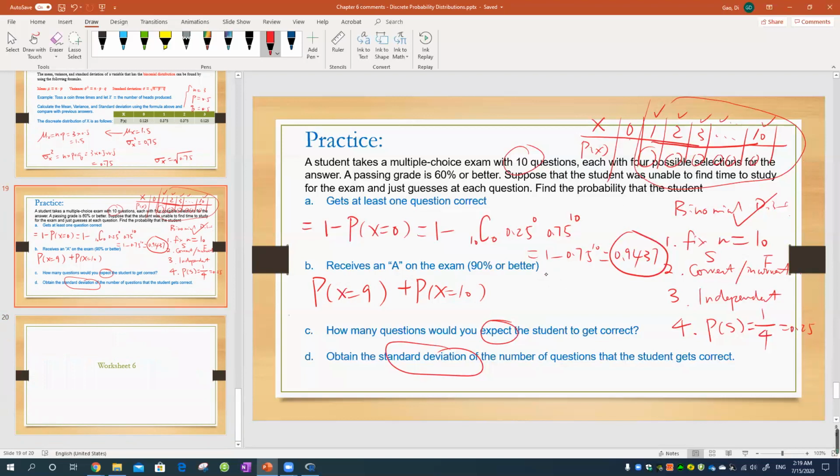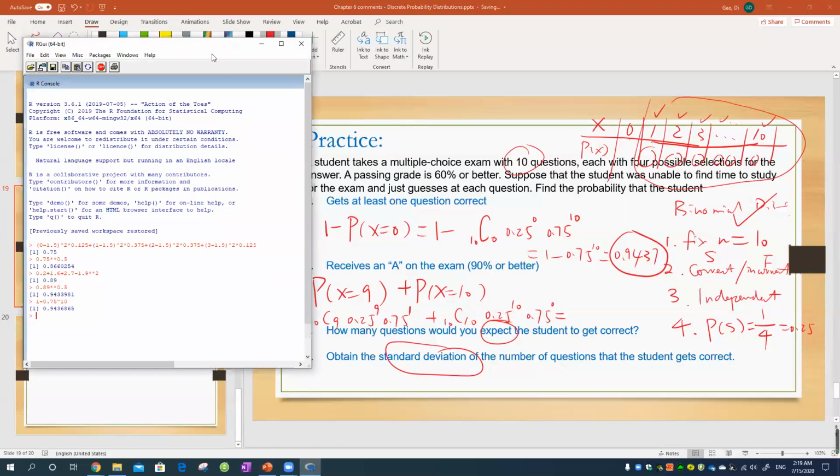For x equals 9, we have 10 choose 9 times 0.25 to the power of 9 times 0.75 to the power of 1, plus 10 choose 10 times 0.25 to the power of 10 times 0.75 to the power of 0. 10 choose 9 is the same as 10 choose 1, so that's just 10.